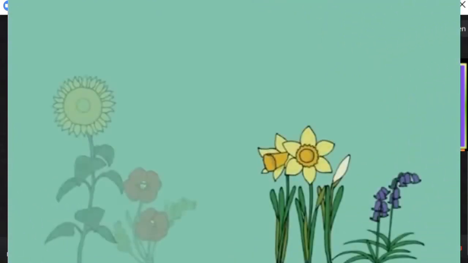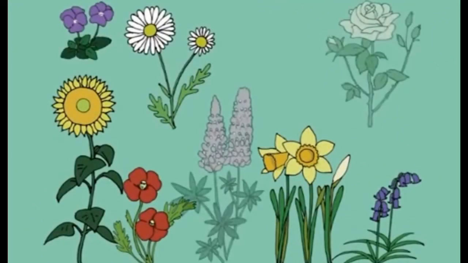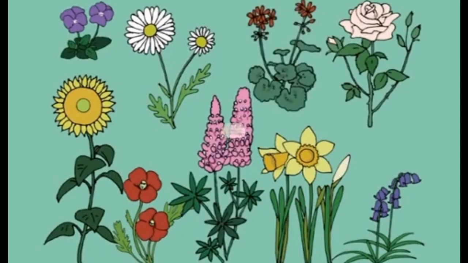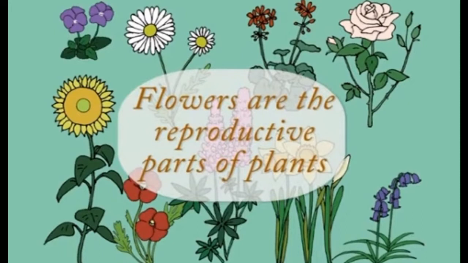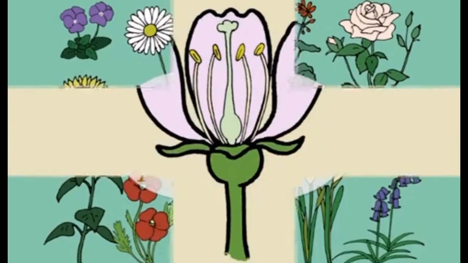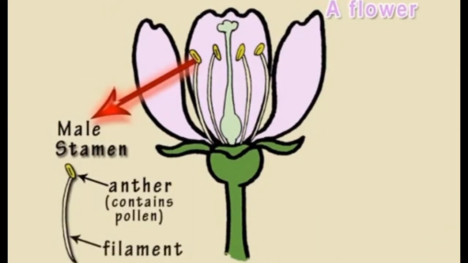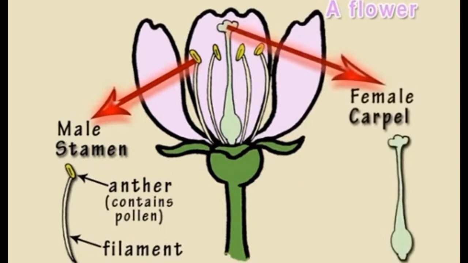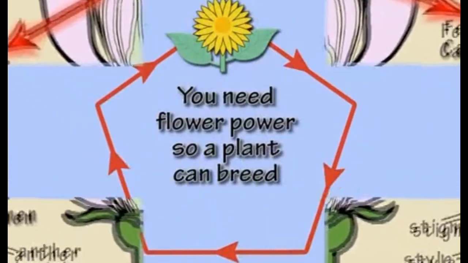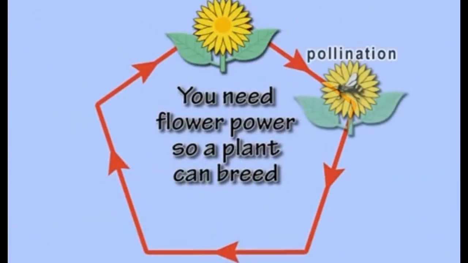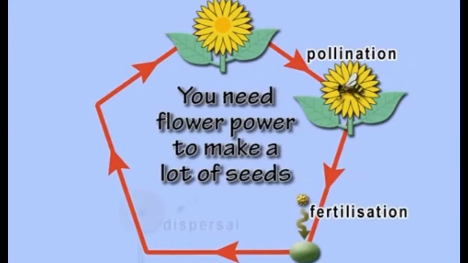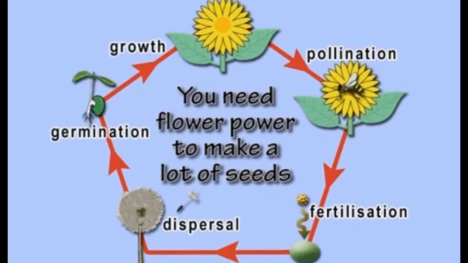Flowers may look pretty, but from a different slant, they're simply reproductive organs of a plant. The stamen has the pollen that goes to make a seed. It's separate from the stigma and the ovary. You need flower power so a plant can breed. You need flower power to make a lot of seeds.